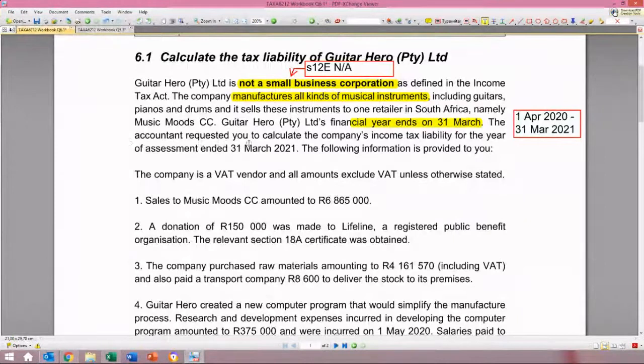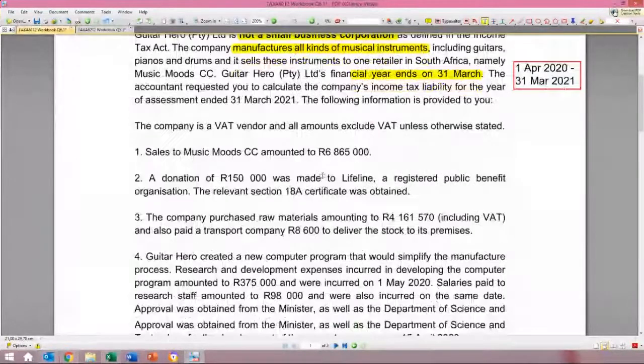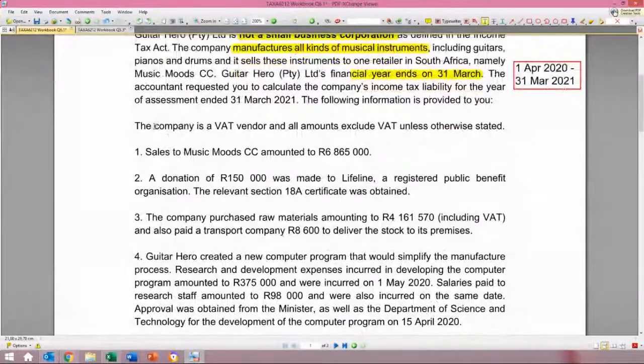Then they tell you the accountant requested you to calculate the company's income tax liability for the year of assessment, and they provided you with the following information. Okay, so the first thing that is important: the company is a VAT vendor, and all amounts are excluding VAT unless otherwise stated. Why is this information important?